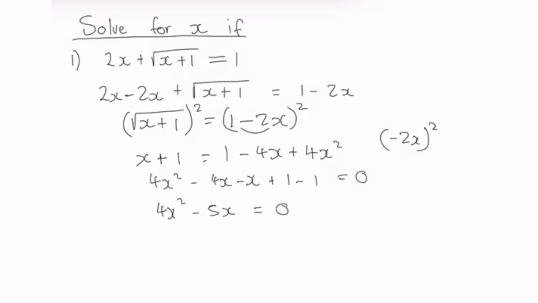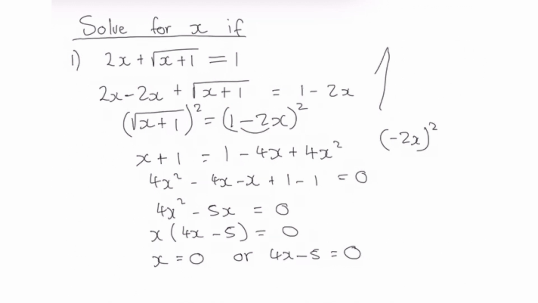And now at this step, you can clearly see it's a quadratic, a binomial. It has a common factor of x. Take that common factor of x out so that you have x times 4x minus 5 equals 0. For this to be true, we know that either x equals 0 or 4x minus 5 equals 0. If you are struggling with factorization, please click on this video here to learn more about factorization.